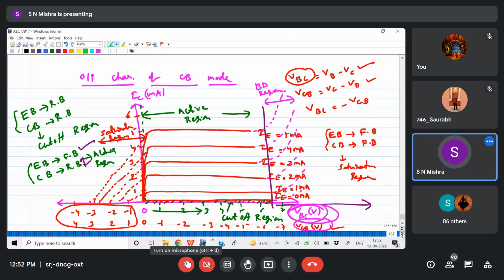Active region means when you set IE as 0, 1, 2, 3, 4 like that, the current is increasing, and the maximum current should be less than the input current, and it is parallel to the x-axis. And in this region, the emitter base junction is forward biased, the collector base junction is reverse biased. You have to explain in your own language. Similarly, the saturation region and breakdown region, you have to explain. Okay.